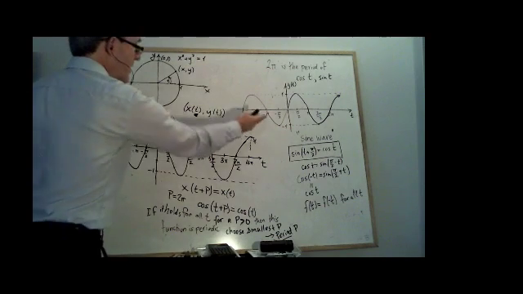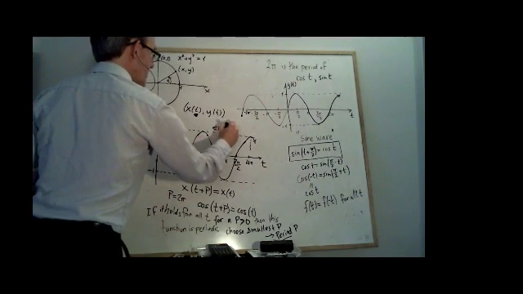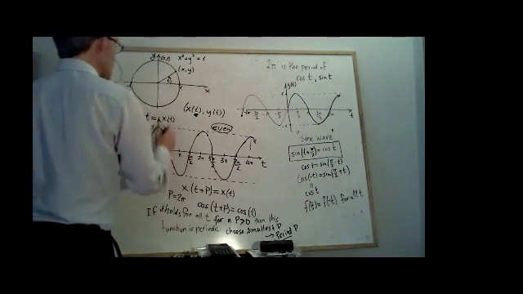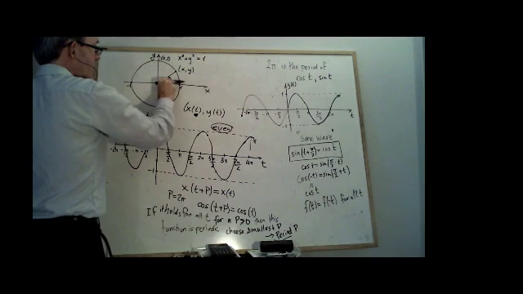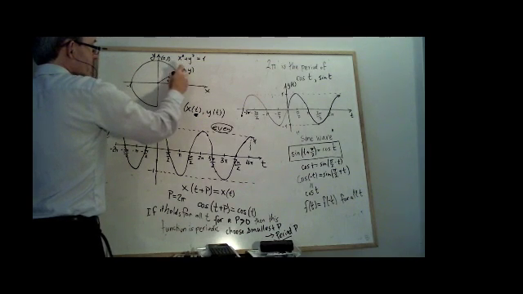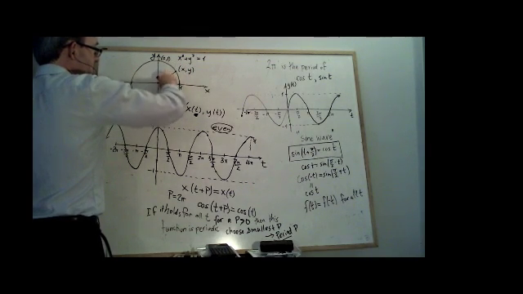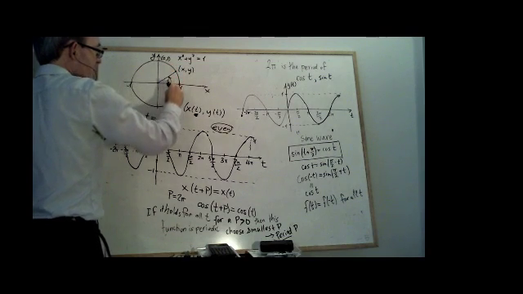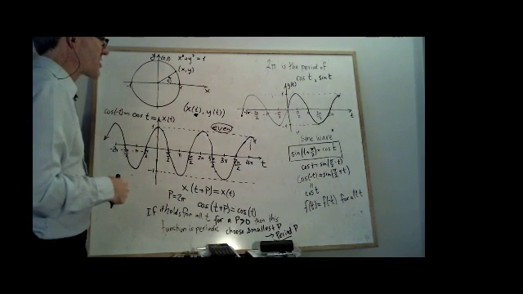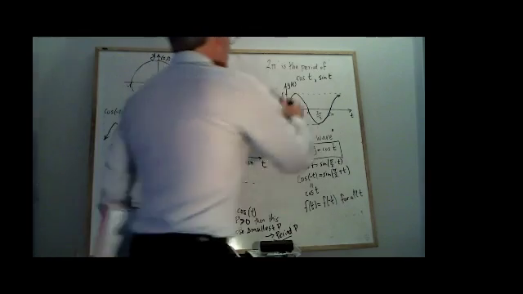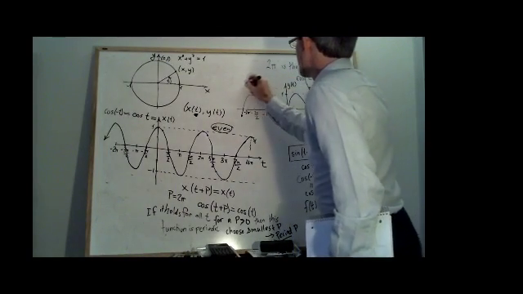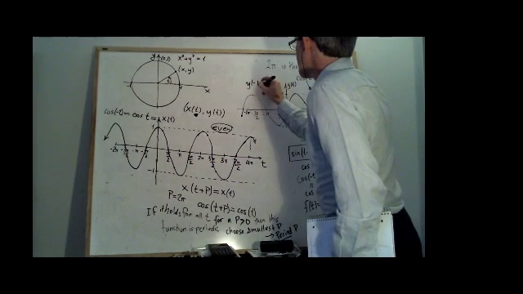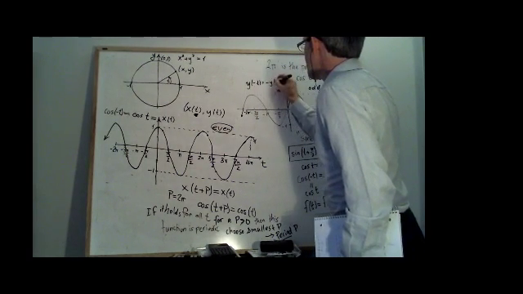However, for the sine function, so this is even. The sine function we can check is odd, because here as you go up in this direction, the y-coordinate becomes positive, but if you go in this direction, the y-coordinate has the same value, but it's simply changed sign. So in this case, y of minus t is equal to minus y of t.